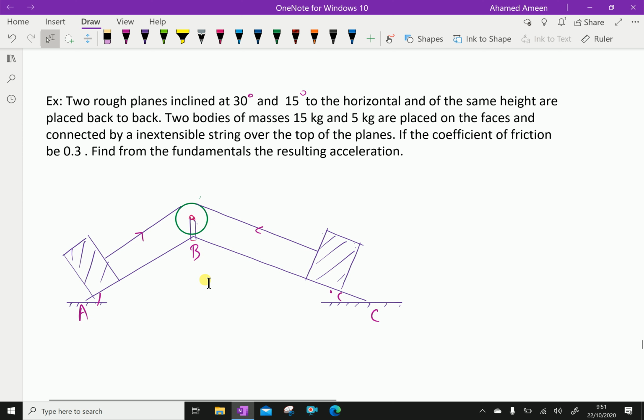Look, this one is mass 15 kg. This is 5 kg, and the tension is here. This angle of inclination is 30 degrees, here 15 degrees.